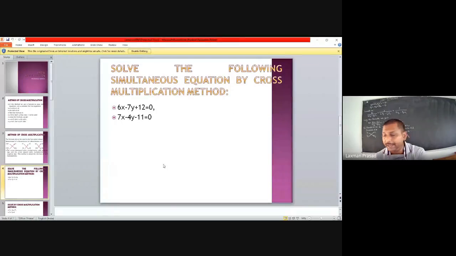Okay, so now write down the question. Solve the following simultaneous equations by cross multiplication method. 6x minus 7y plus 12 equals to 0, then 7x minus 4y minus 11 equals to 0.